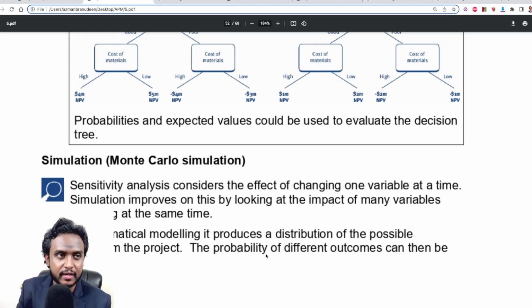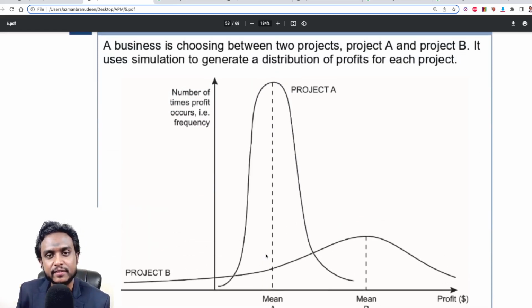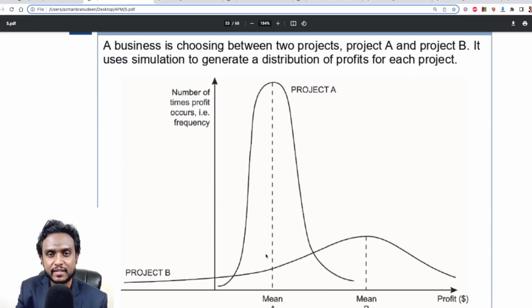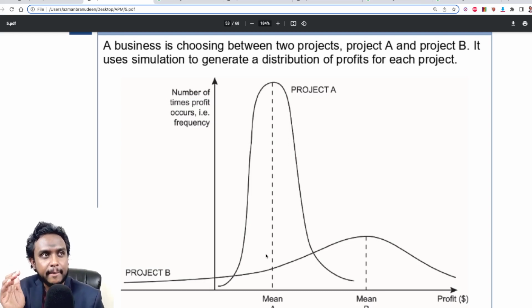So that's how Monte Carlo simulation works. And it'll give you these kind of projections, these kind of graphics, instead of giving one point or two point, this or that, like expected value, how EV works. It gives you all kinds of possibilities, and in this graph, it's the potential returns at potential profit levels, and the frequency mapped.